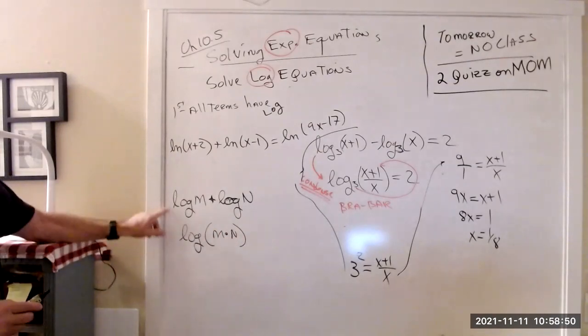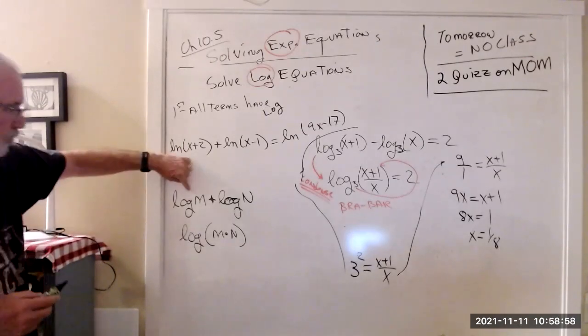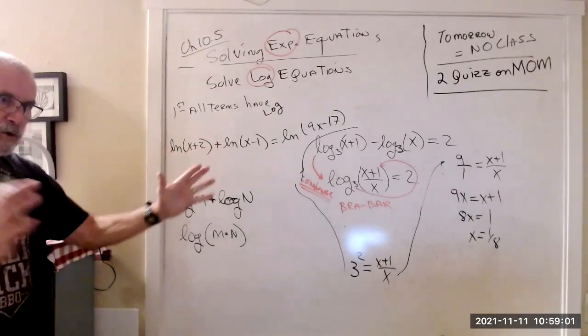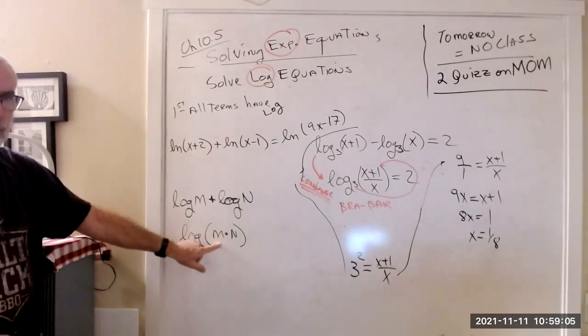That's what the product log law says. I think that's the first one on that handout I gave you. If two logs are being added, you can condense them into one log where the terms are multiplying.